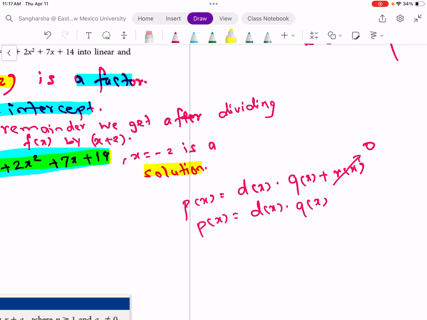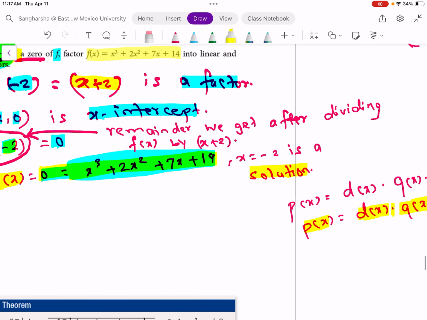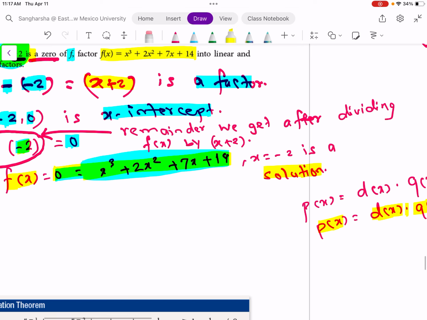Now our polynomial is in factor form. So we divide this function by one of the factors, x plus 2, and get the quotient.